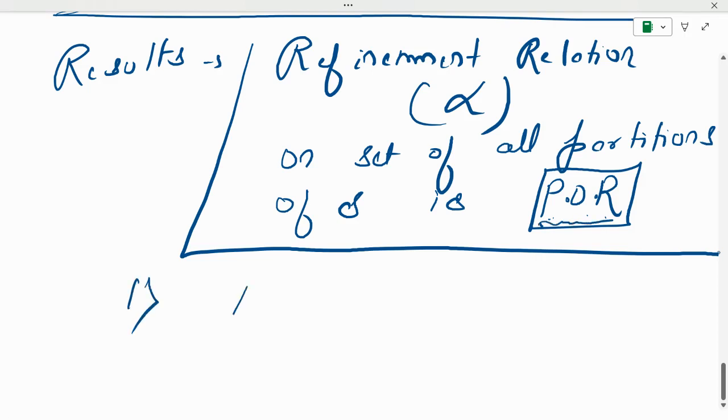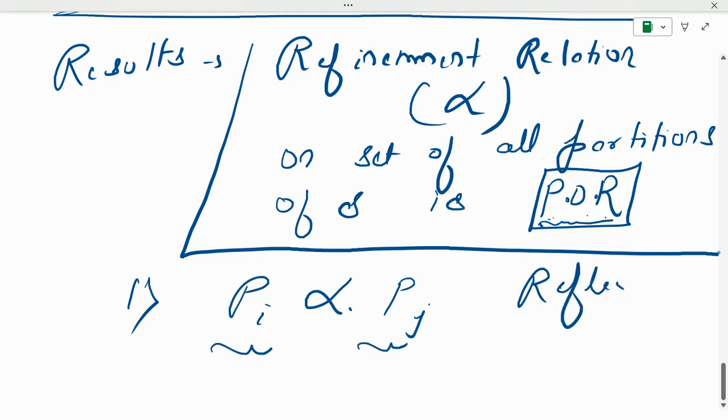Such that if Pi is a partition and Pj is a partition, then Pi refines Pj is reflexive, right?